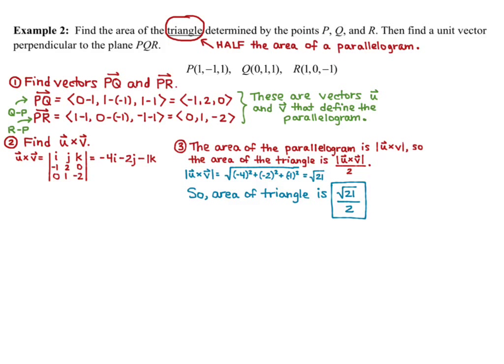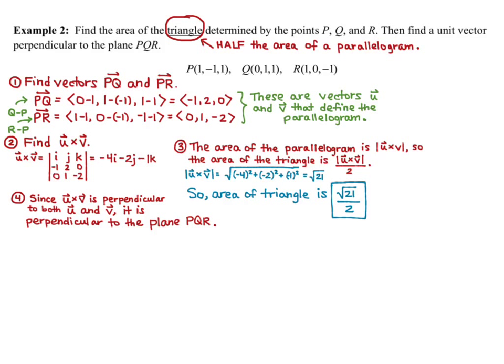The last thing we're asked to find is a unit vector perpendicular to the plane. Now we know that the cross product is perpendicular to both vectors u and v, so perpendicular to both PQ and PR. So the cross product is perpendicular to the plane that contains those 3 points. And we just need to make it a unit vector.